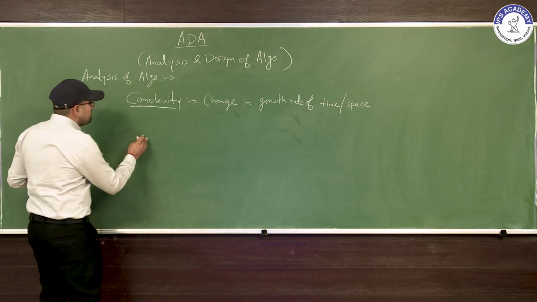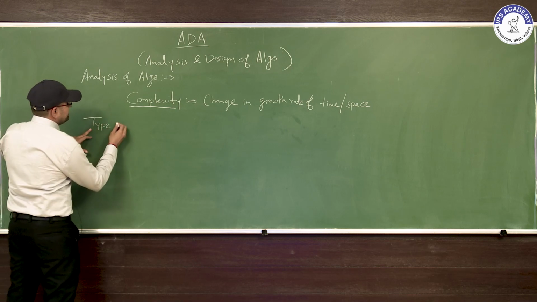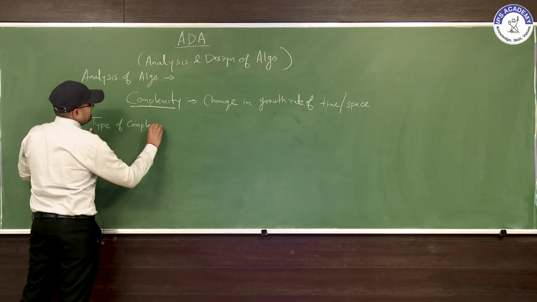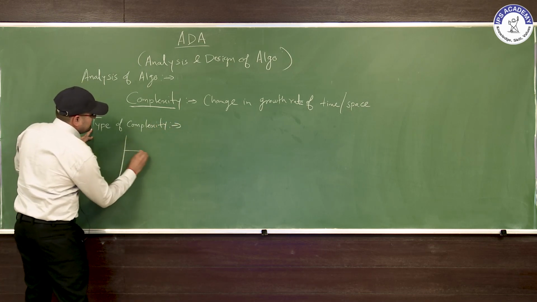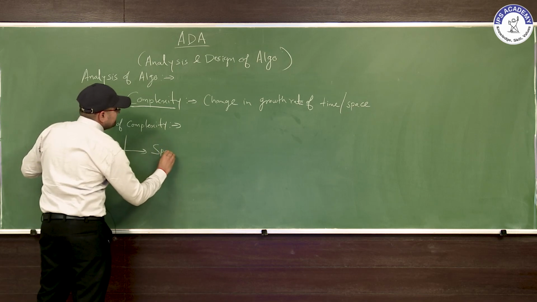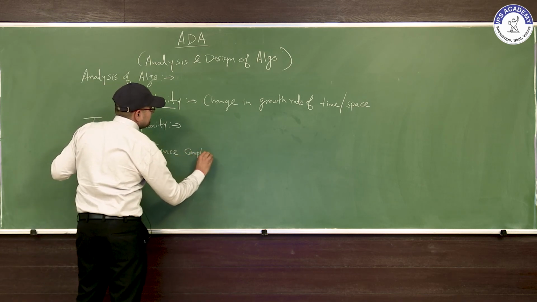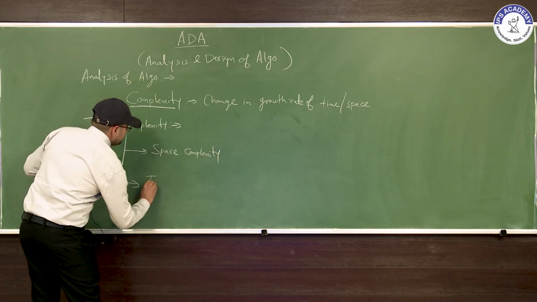Second, if we talk about types of complexity, there are two categories: space complexity and time complexity.